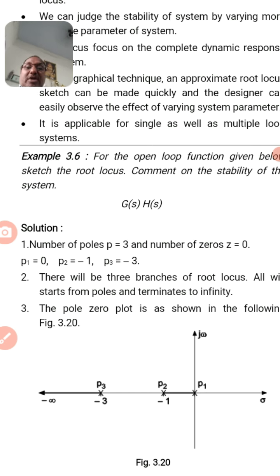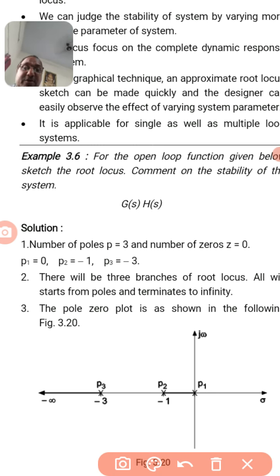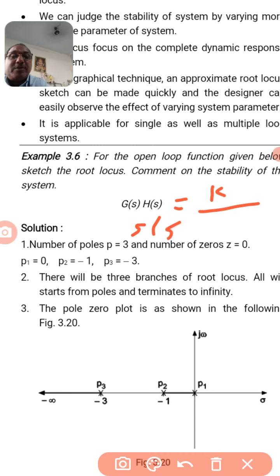G(s) is equal to K divided by s into (s plus 1) into (s plus 2).